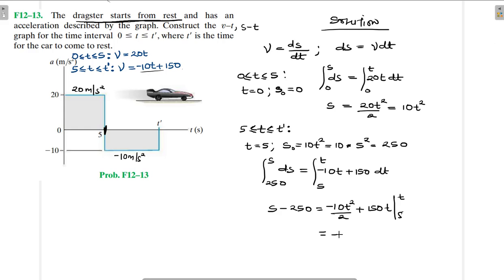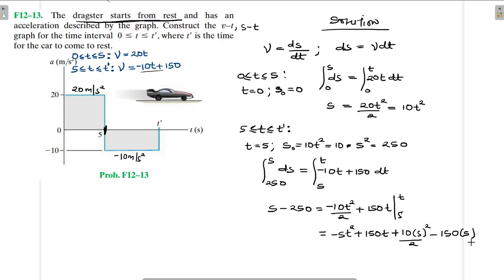So this is equal to minus 5t squared plus 150t, minus, so it goes to minus minus, that becomes 10 by 5 squared over 2, and minus 150 by 5.